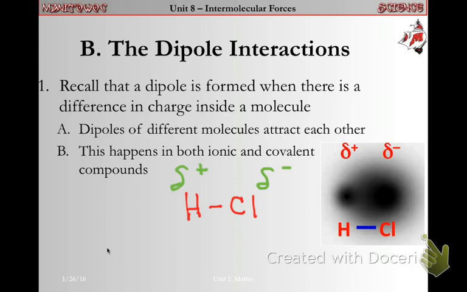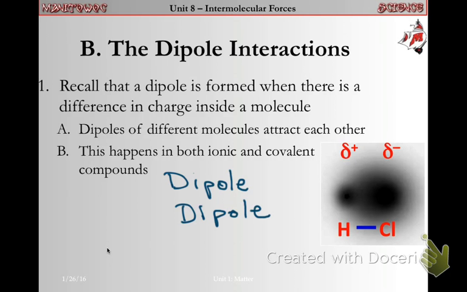Well, just like magnets, when you get two opposites next to each other, they tend to attract each other. So we're going to have this attractive force between these two molecules. Now, since both of these molecules are covalent compounds, and they both have a dipole, we're going to call this a dipole interaction.